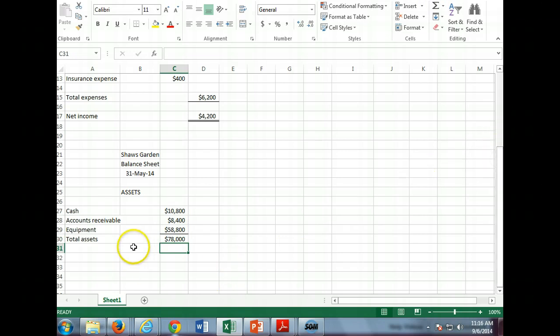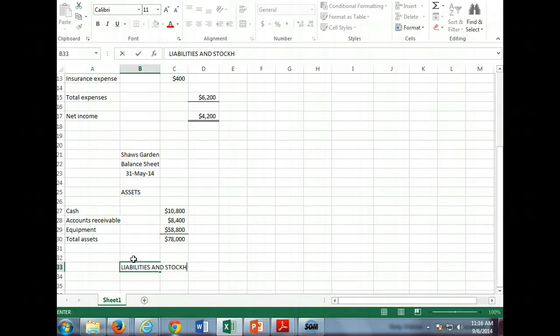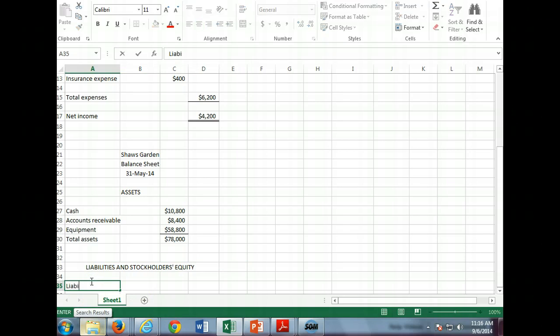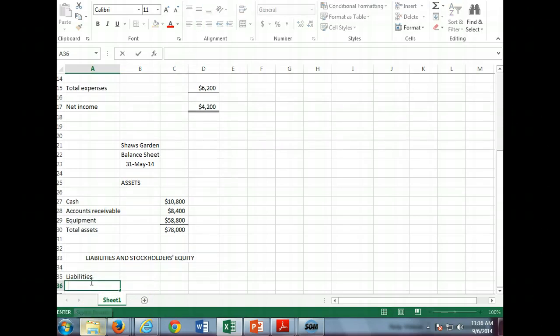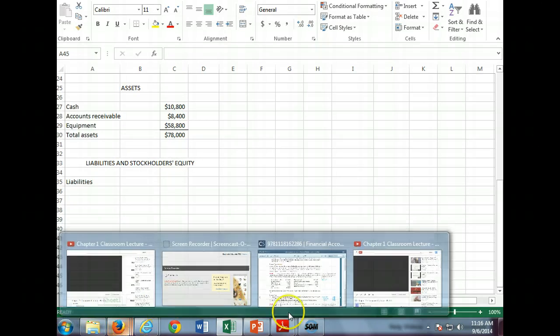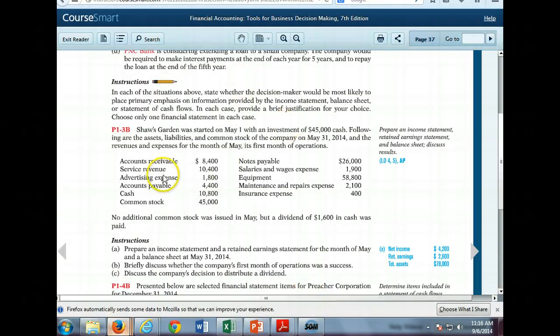Believe me? Next, our next section is liabilities and stockholders' equity. So now we are going to show our liabilities first. What are our liabilities? Accounts payable. Accounts payable, you see 4,400.